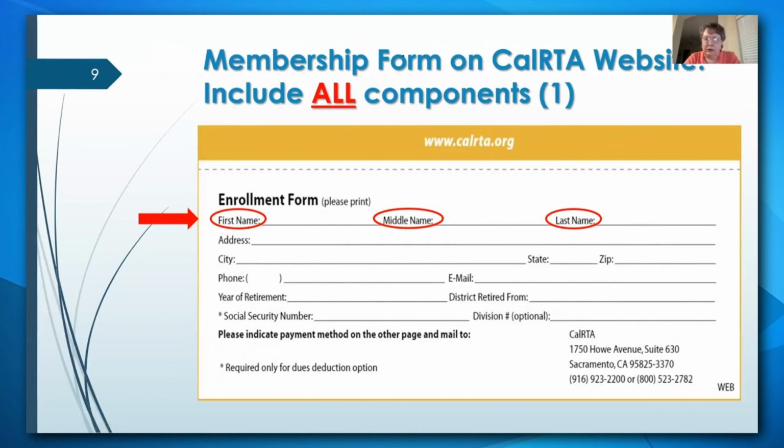This slide shows the need for first, middle, and last name, the address, everything, phone number, email, district retired from, year, etc. And this is CalRTA's current mailing address, 1750 Howe Avenue. This information needs to be there.